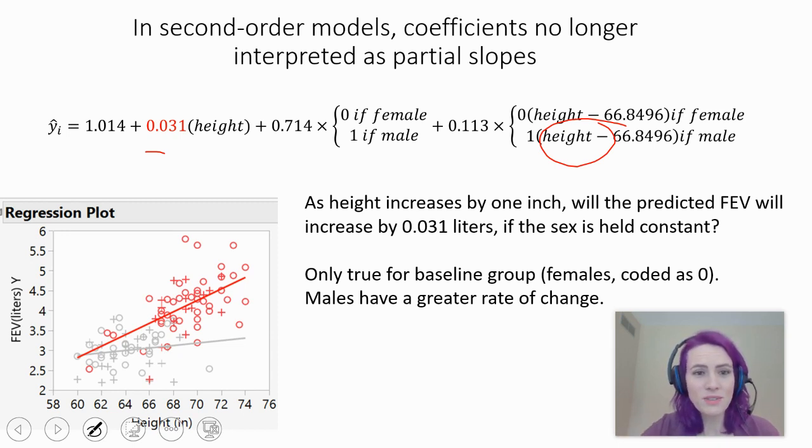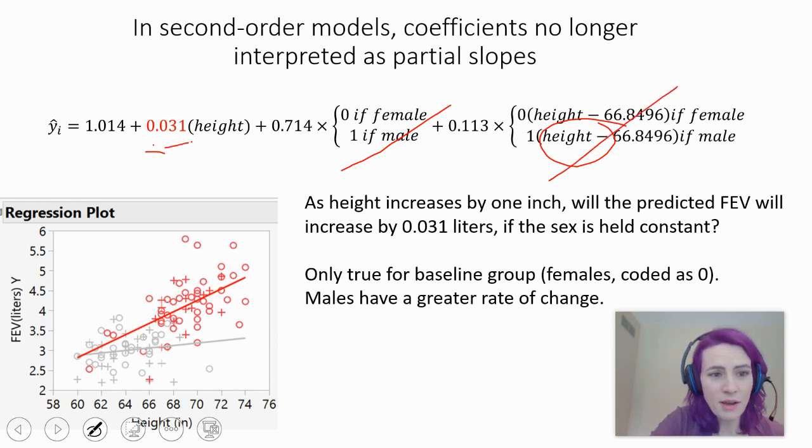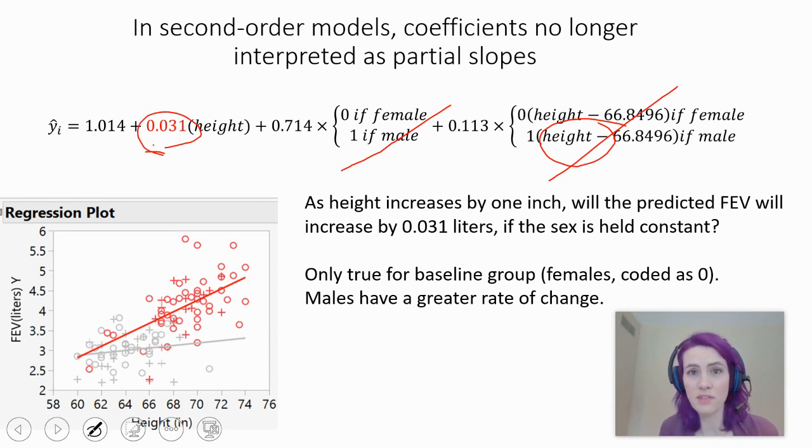Now for the females, since this disappears and this disappears, then I guess for females in this case, that would be the partial slope. But it's not universally true because the males have a steeper slope. Okay. So I won't ask you what the slope would be for the males. Don't worry about it. But we can clearly see it's going to be steeper.